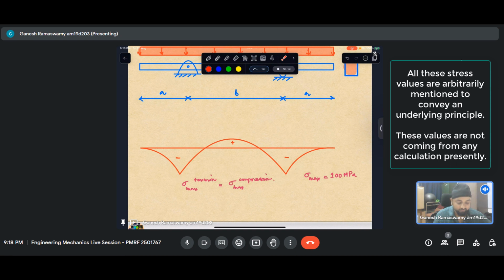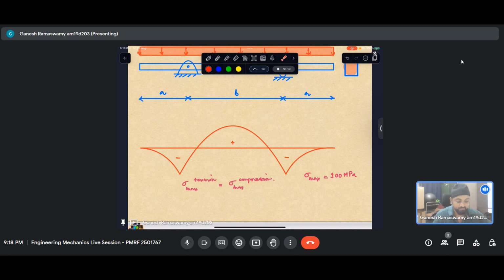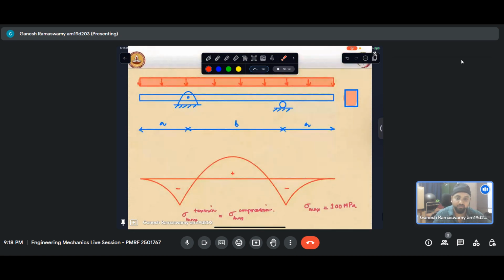So if we have to hit a middle ground between these, we can equate the positive and negative bending moments and arrive at the optimum ratio of B by A, so that both the stresses experienced by the beam are hovering around 75, given that the maximum stress is 100 MPa. So this is the reason behind us taking the positive and negative and equating it so as to arrive at the most optimum section. So I hope that this is clear.